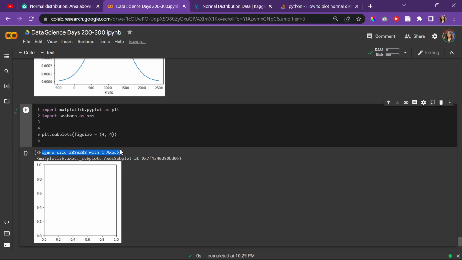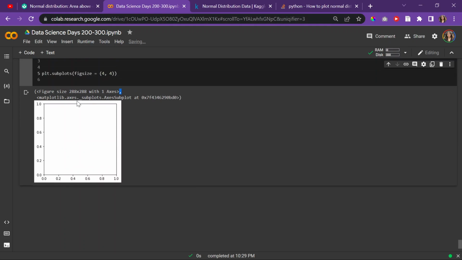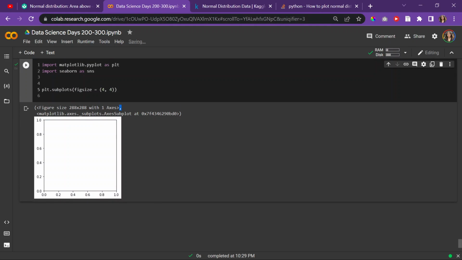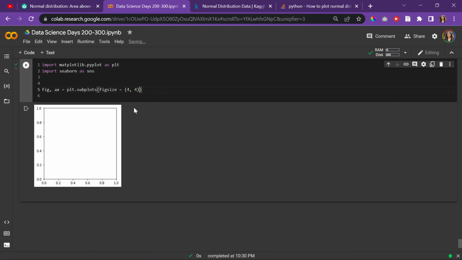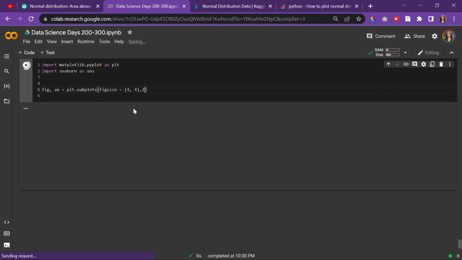So figure size, and then with one axis, and axes is a graph. I don't know why they call it axes. That confused me so much when I first started learning this. But yeah.